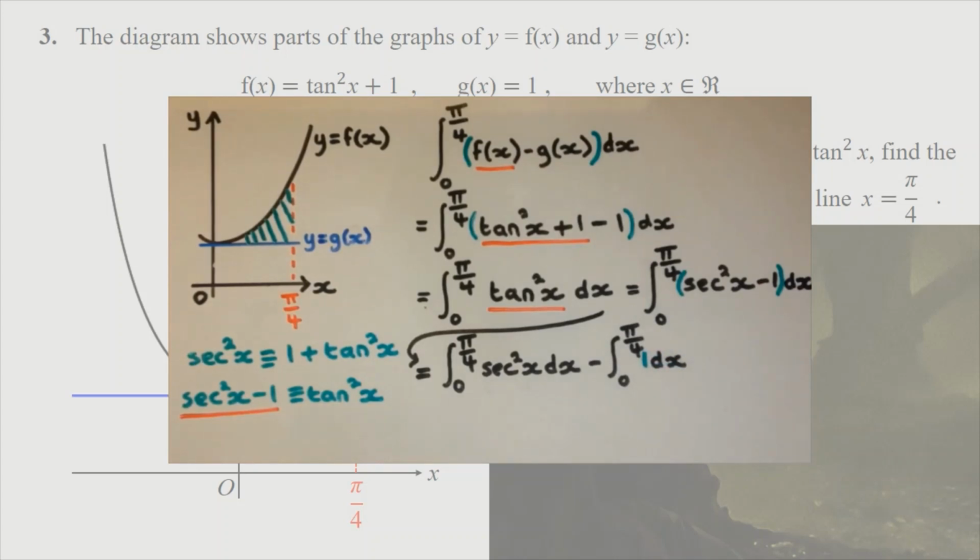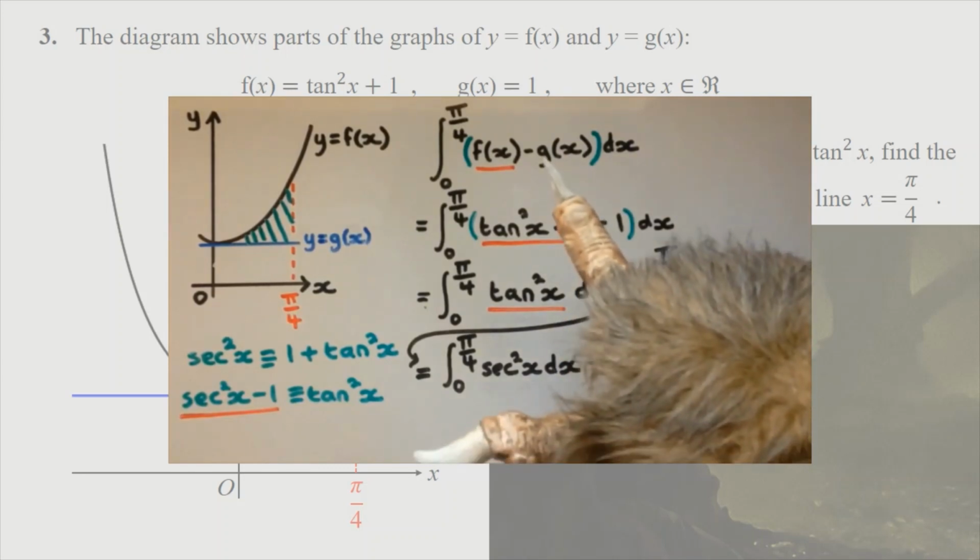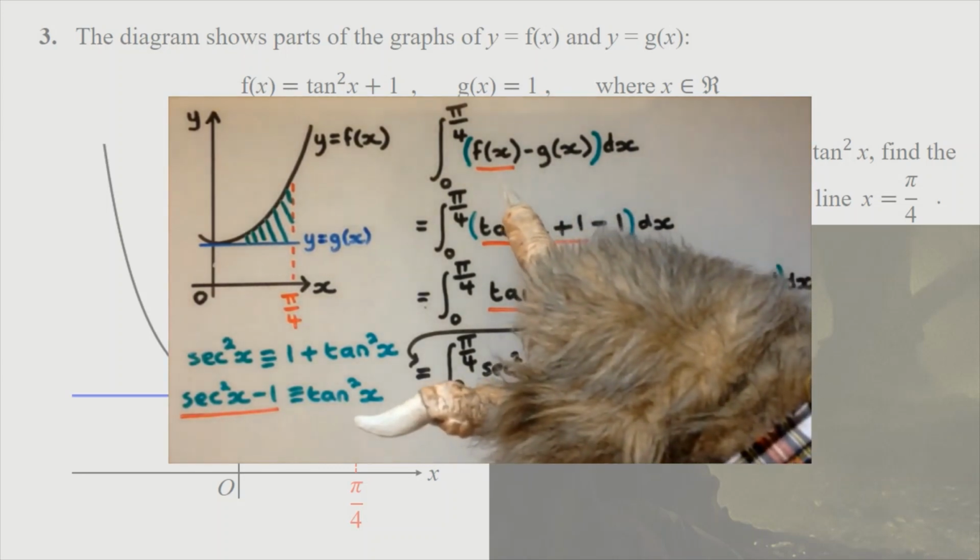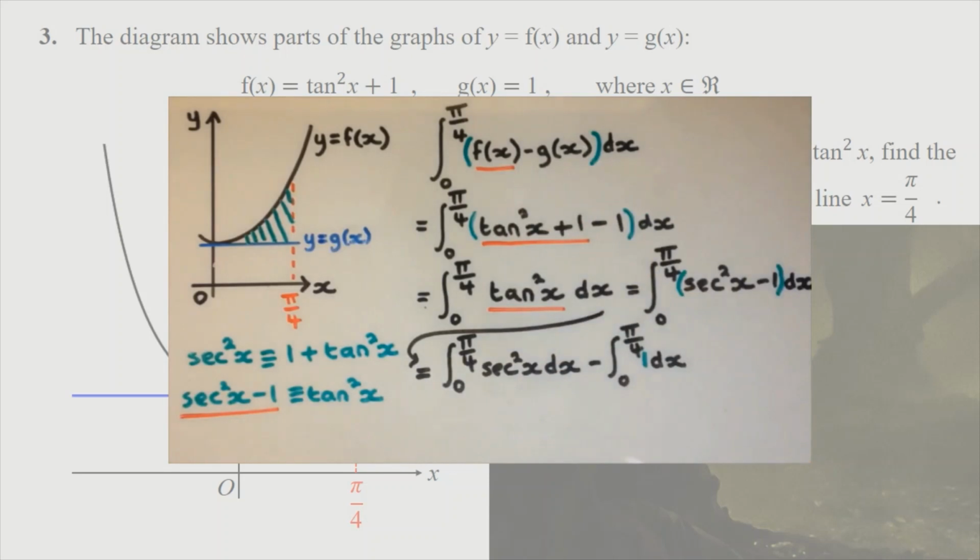So again, I've used the principle from the previous lesson where I can separate the difference between two functions as two separate integrals. Let's apply the standard results now. So not much more to do now.